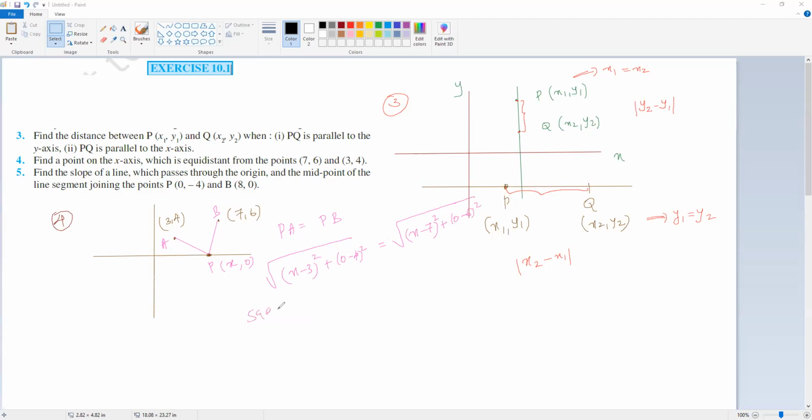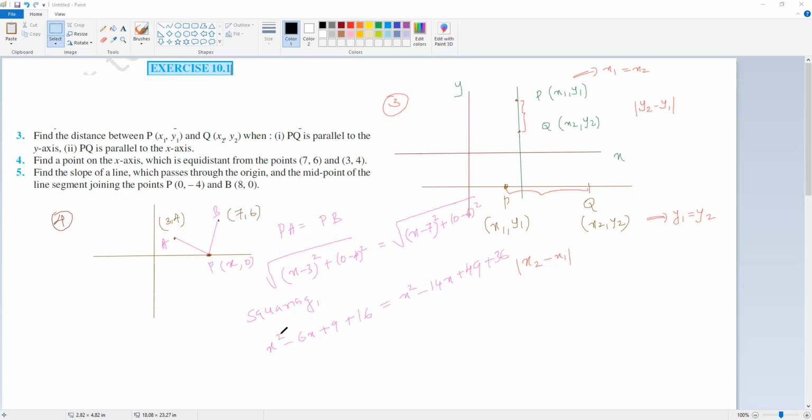Squaring both sides, the square root goes away. x minus 3 the whole square is x square minus 6x plus 9, plus 0 minus 4 is minus 4, square is 16, is equal to x square minus 14x plus 49, plus 0 minus 6 is minus 6, square is 36.